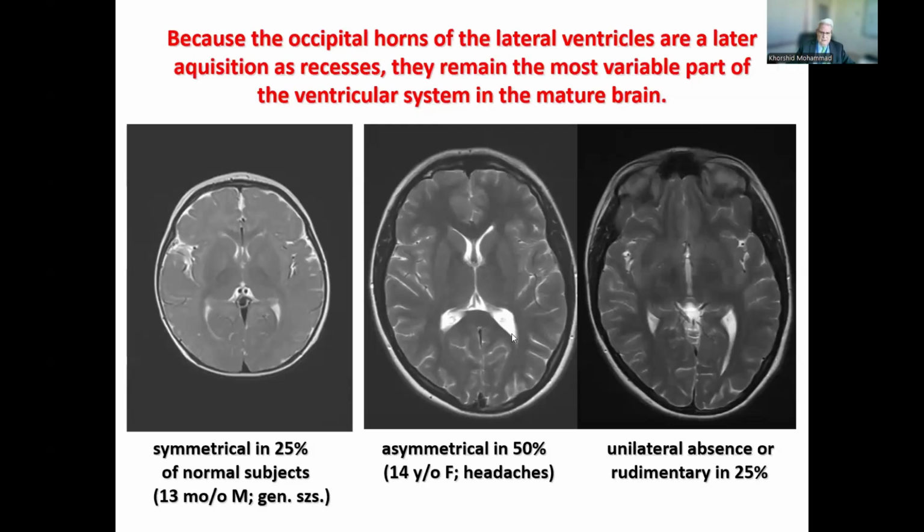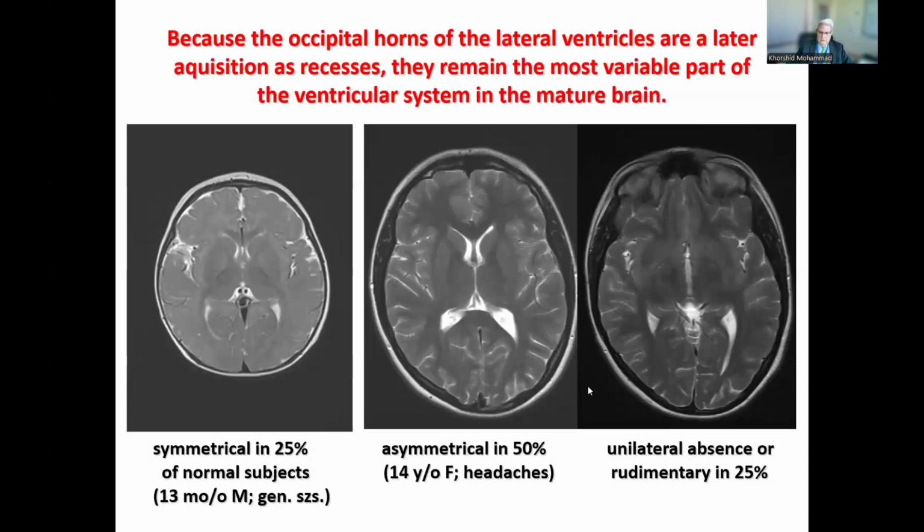You can see that it extends further posteriorly and is larger here on the left than it is on the right in the middle of the view. And in about a quarter of us, the occipital horn on one side is either very rudimentary in development or doesn't form at all. And that is a normal variant. That is not pathological and doesn't impair vision or cause any clinical impairments at all. It's just a normal variant that you would see in controlled MRIs or neuropathologically in the brain.